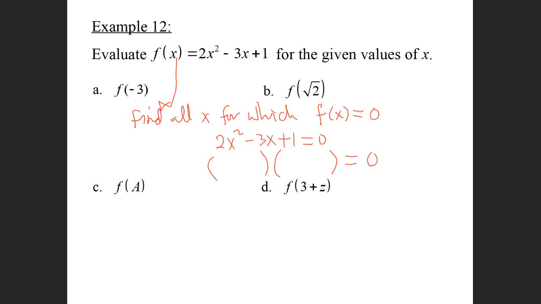So when you solve this equation, we usually start with the last term, 1 times 1. The first term is 2x squared, 2 is 2 times 1. The signs are minus and plus, so this is minus and this is minus.